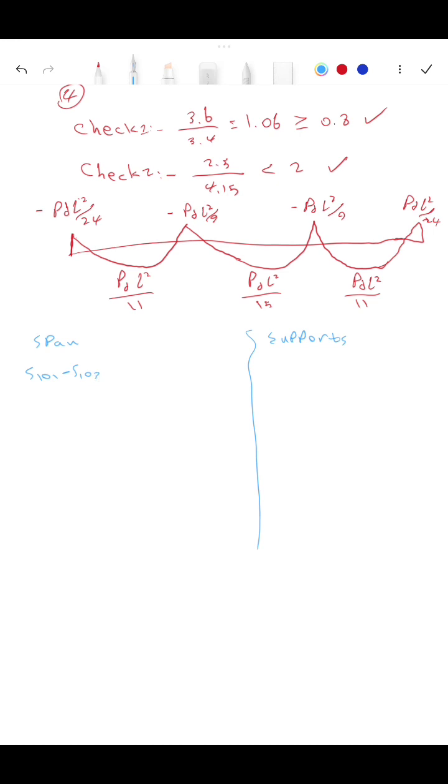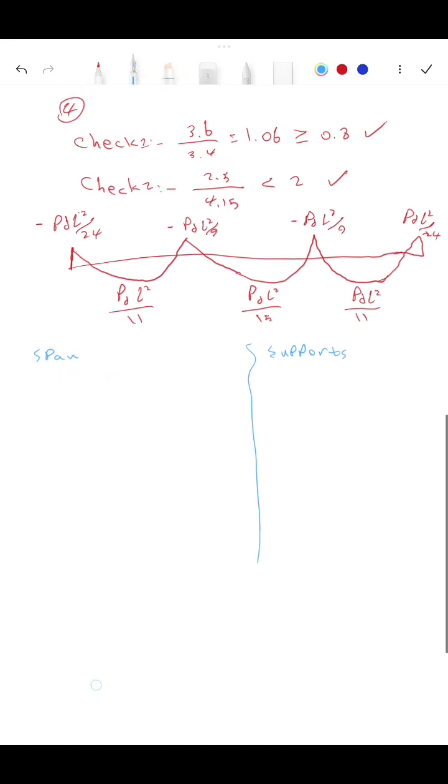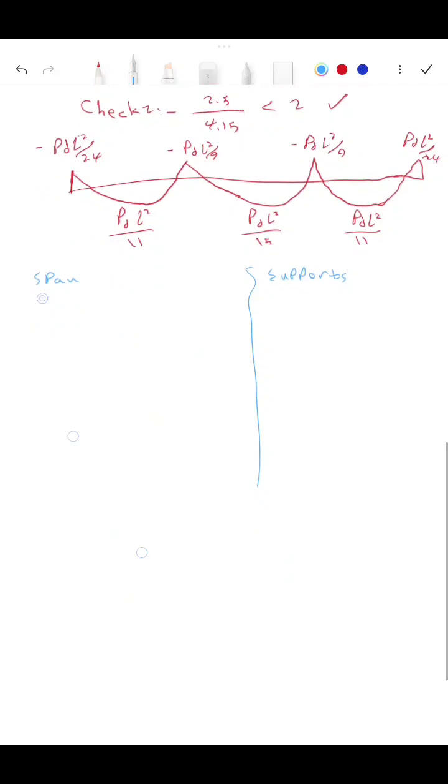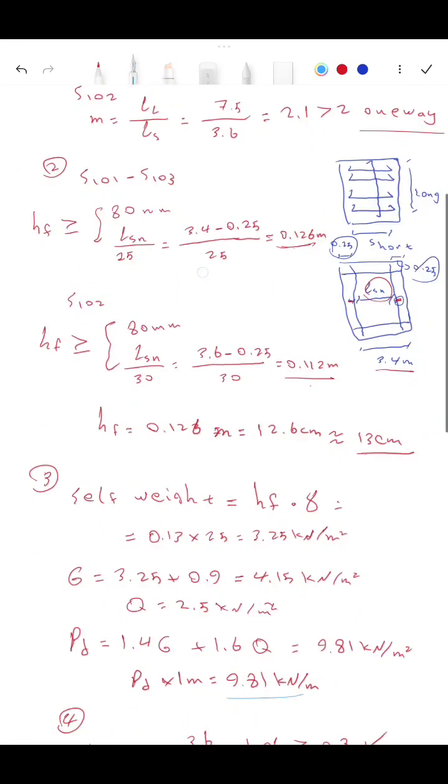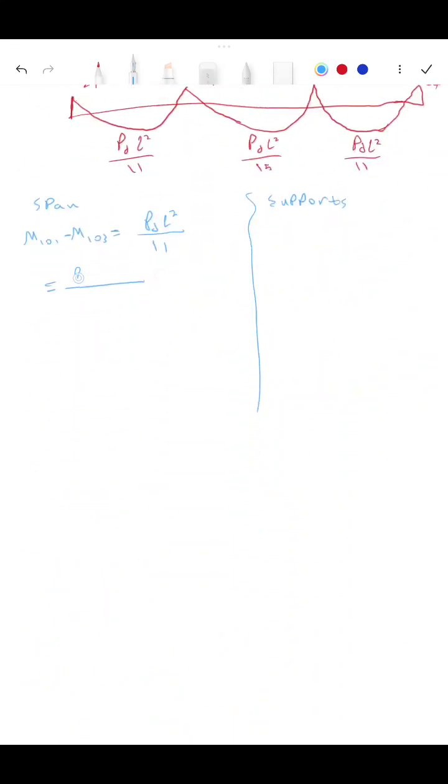Let's call them M101 and M103. So what do they equal? PDL square over 11. PD was, we've done it just here, 9.81 times the length.